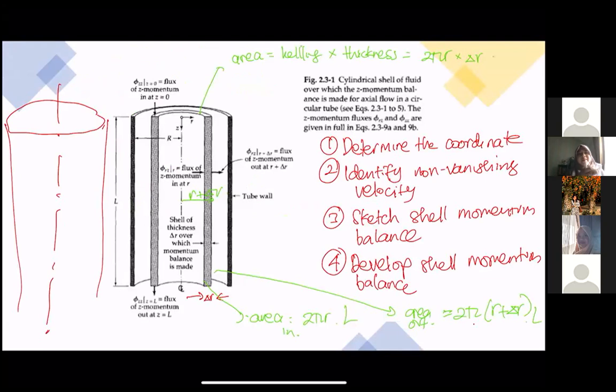So this one, the cylinder, multiplied with the L. But if there are 2 circles from the top and the bottom, shouldn't you also consider both circles?